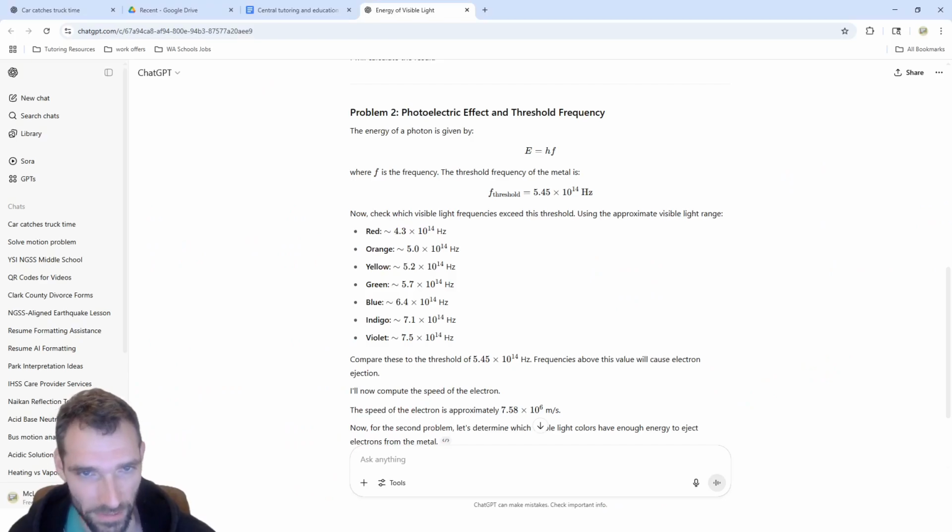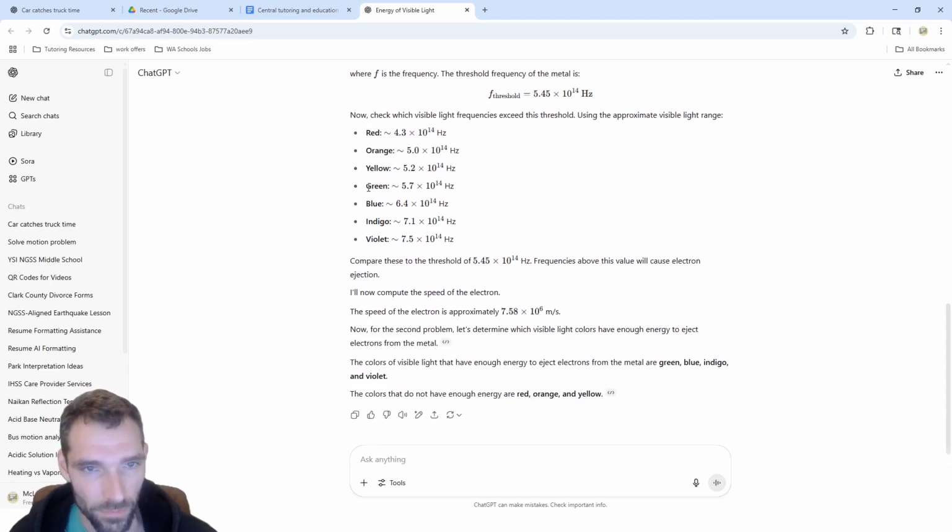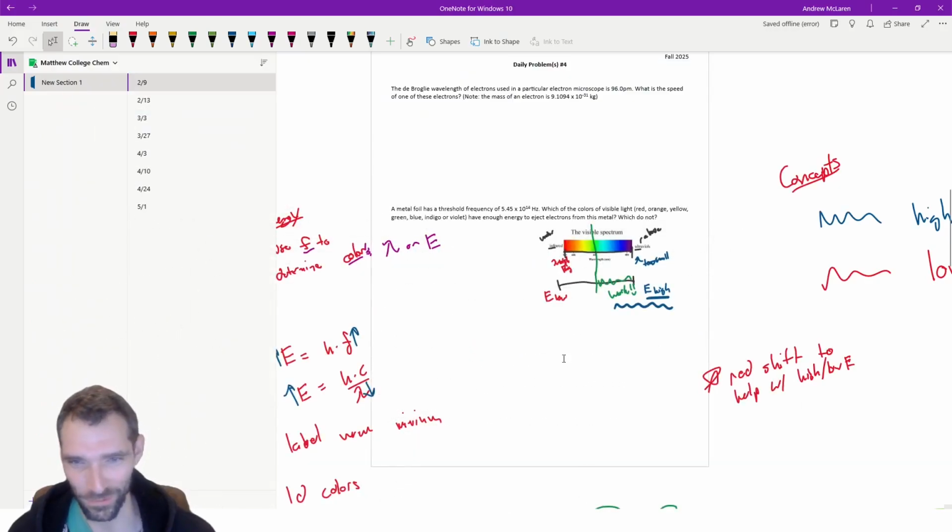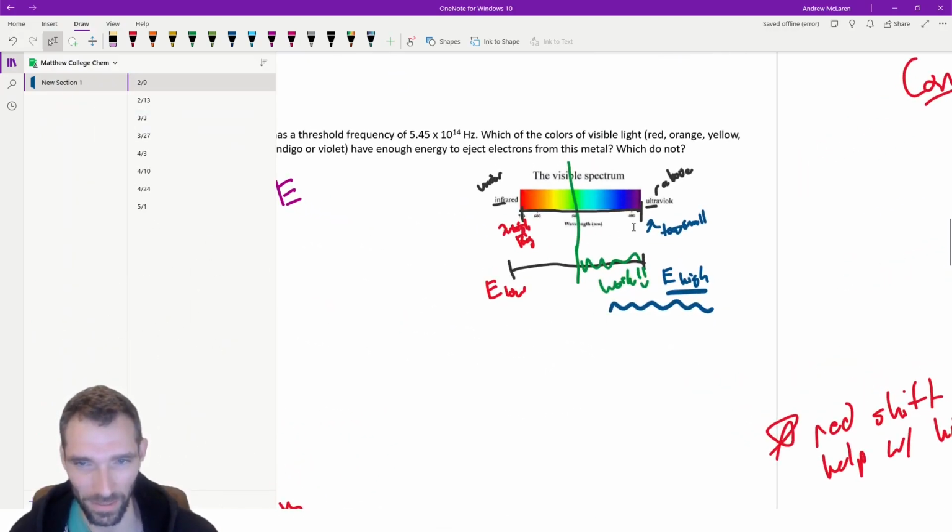Hence, ChatGPT's answer of these things having the higher frequencies working, the blue, green, indigo, and violet, does make sense. But you need to give yourself some visuals and think about how the energy, wavelength, and frequency actually relate in some sort of visual display.